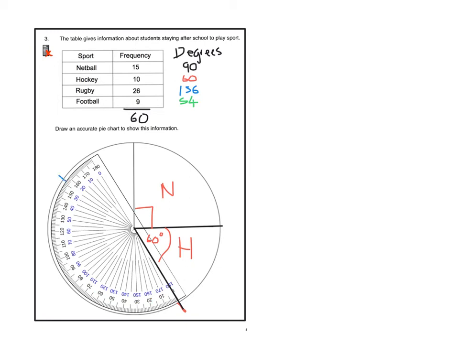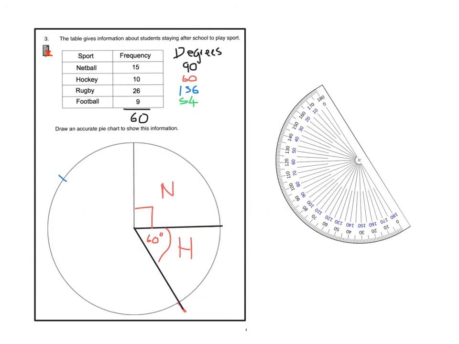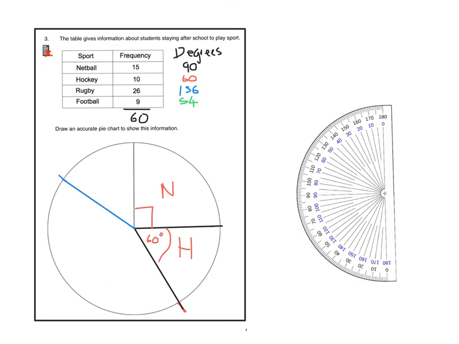Okay, and again move the protractor out of the way, and draw the line on. And then label it. So we've got rugby, and this was 156 degrees.